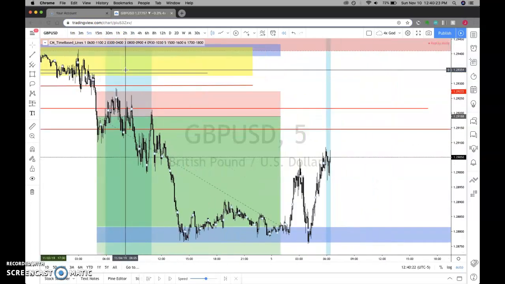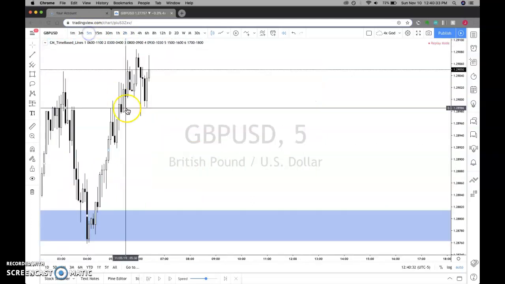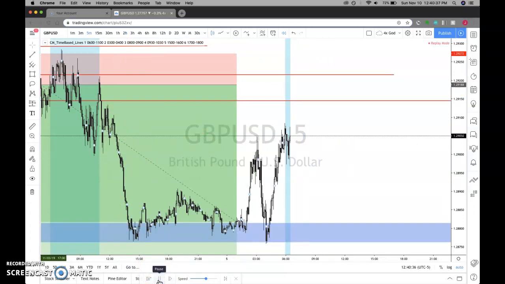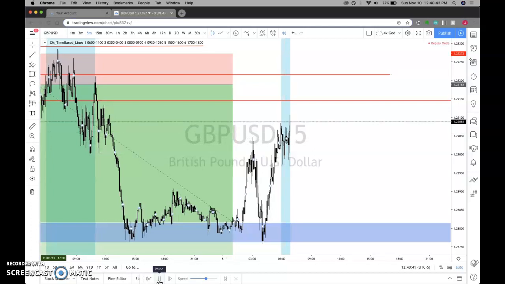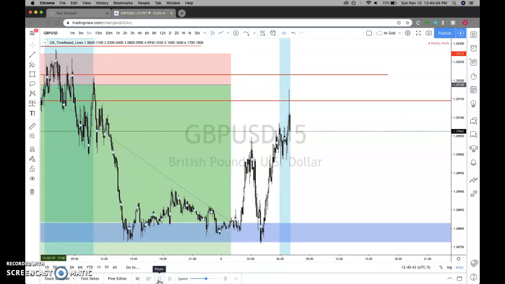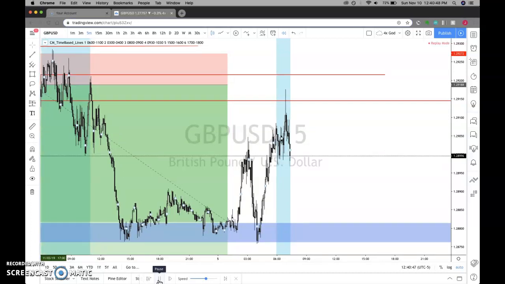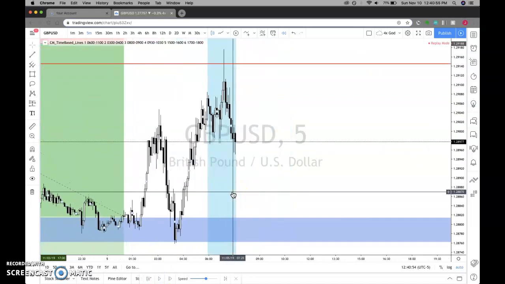Let's see where we are going. Still looking for sells, still prioritizing sells, so those are our highest probability. We can see if we get any kind of retest.